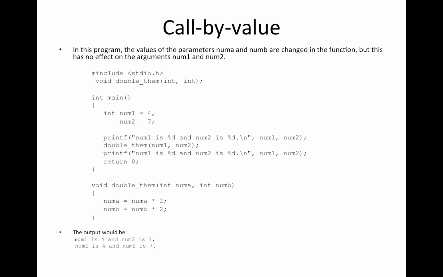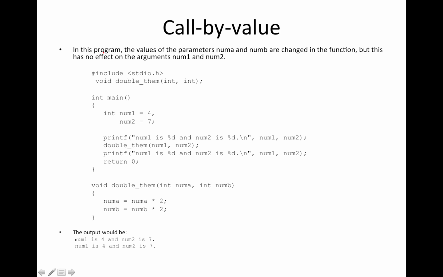Let's now talk about how pointers can be used to pass arguments to functions. First of all, let's look at an example of what is called the call by value method of passing an argument to a function. In this program, we have two variables called num1 and num2, and we're assigning values. Num1 gets the value of 4, and num2 gets the value of 7.